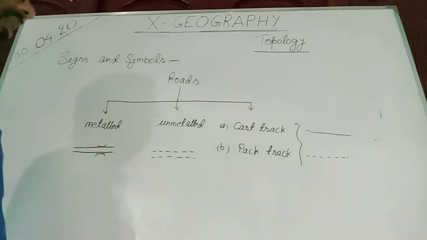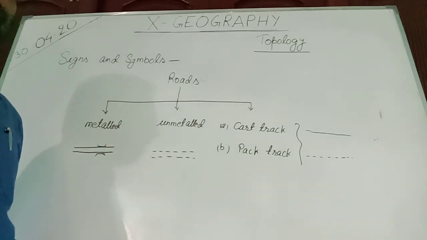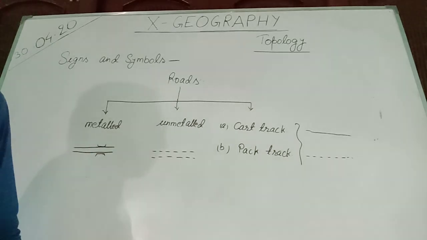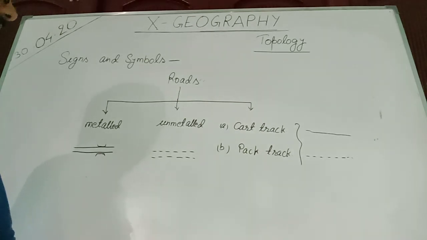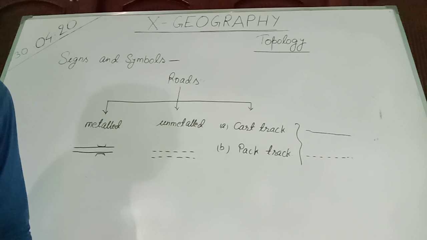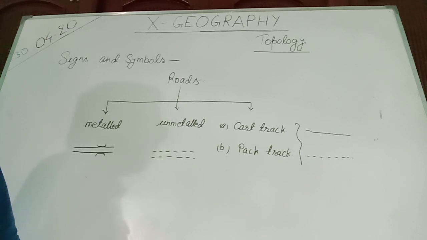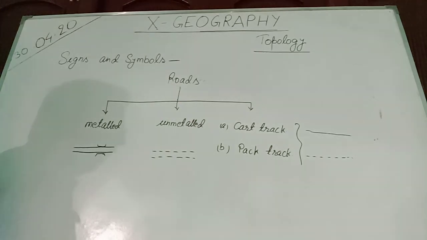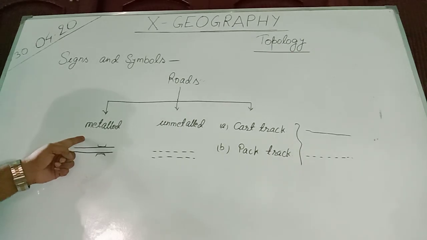So first is the metalled road. Actually, this metalled road joins two towns. It has very big importance. Heavy vehicles can run on the metalled road, and this road is motorable throughout the year.